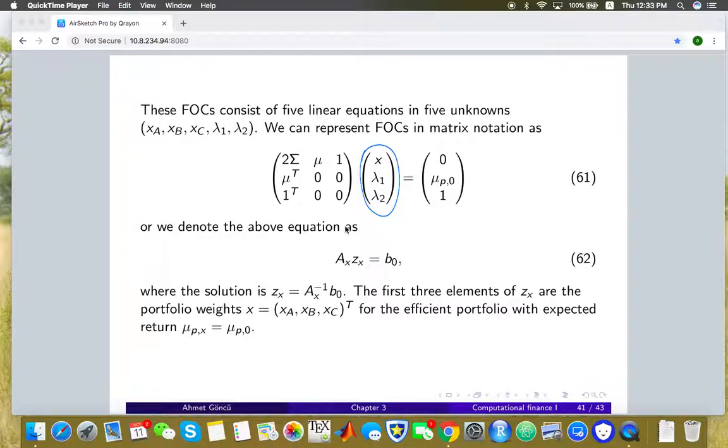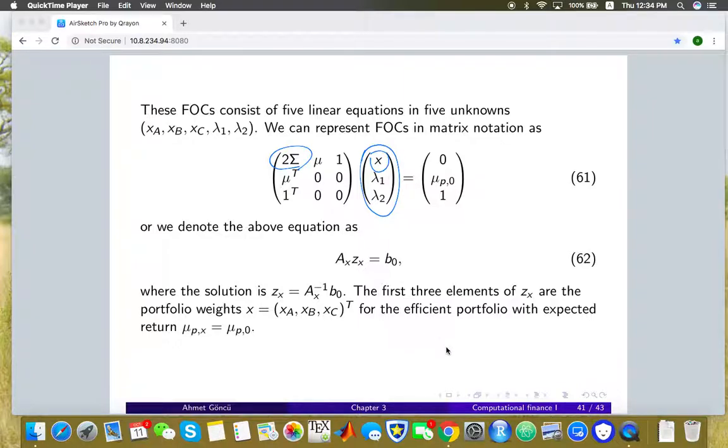This x contains, if you have 3 assets, a 3 by 1 vector, and if you have n assets, it is going to be an n by 1 column vector. Similarly, the covariance matrix here will be proportional to the number of assets you have.